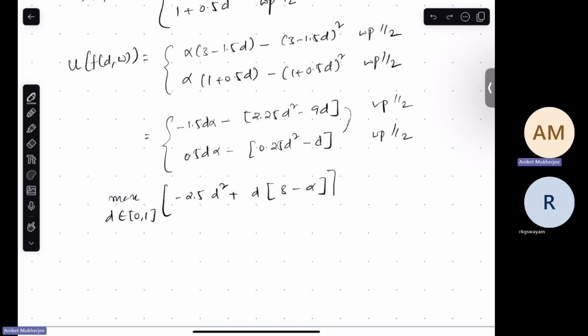I just want to maximize this function. Let me call this function g of D. I take the derivative with respect to D and get minus 5D plus 8 minus alpha. I equate it to 0 and get D equal to (8 minus alpha) by 5.